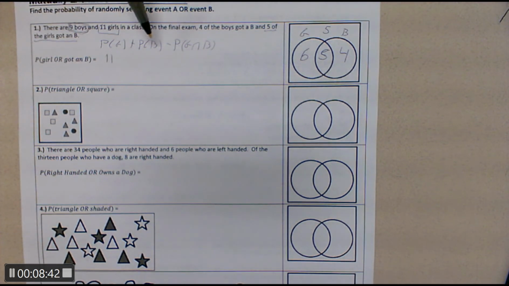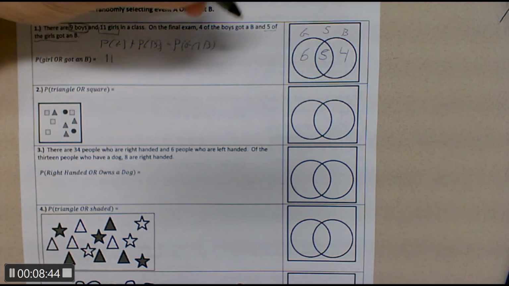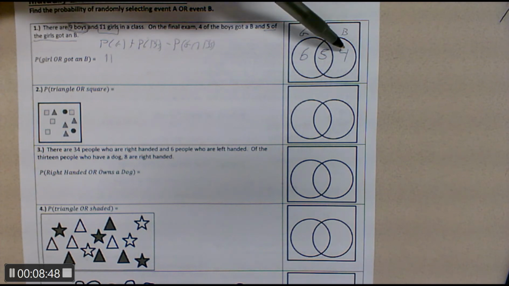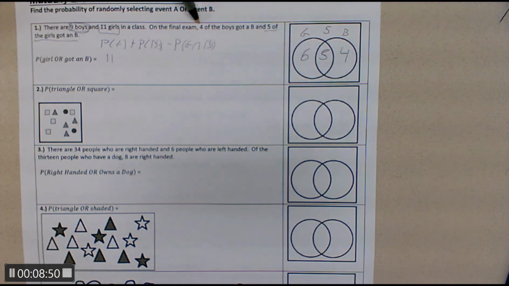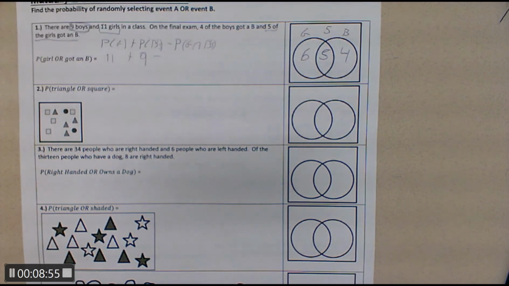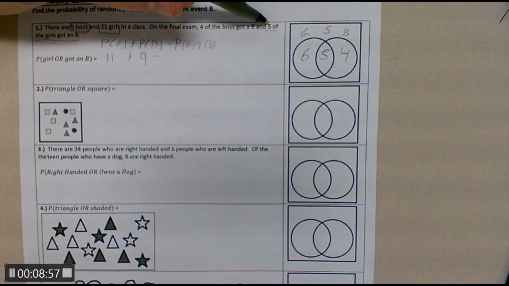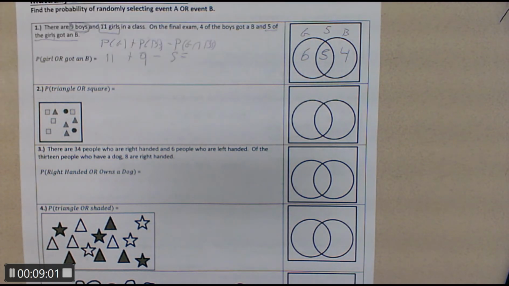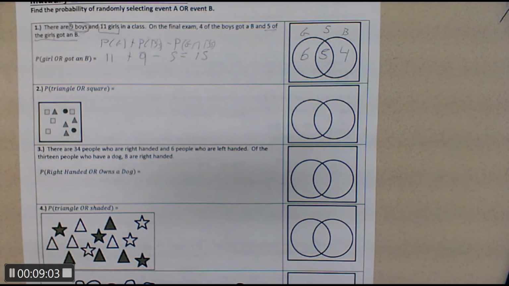That B stands for B's, not boys. There were 9 total B's, 4 plus 5, minus those that were both. There were 5 girls who got a B, so you have to take that out. When you do that, you get 15.